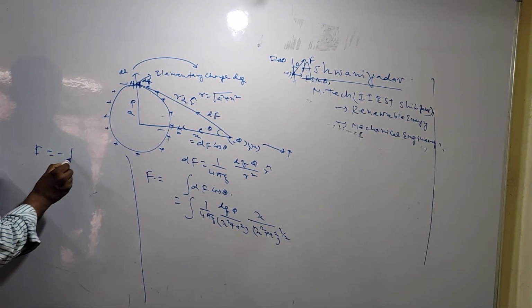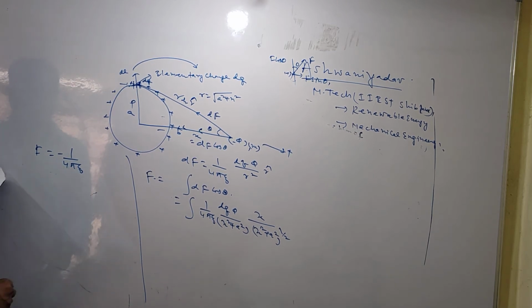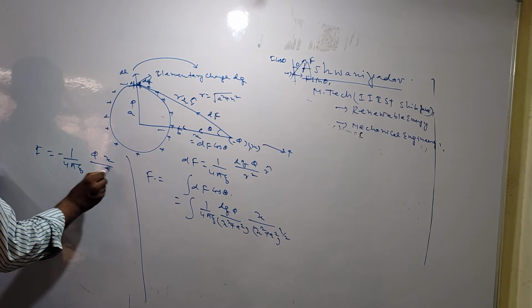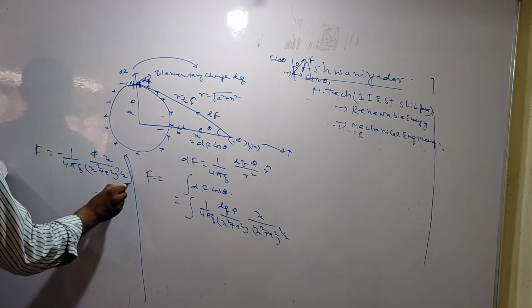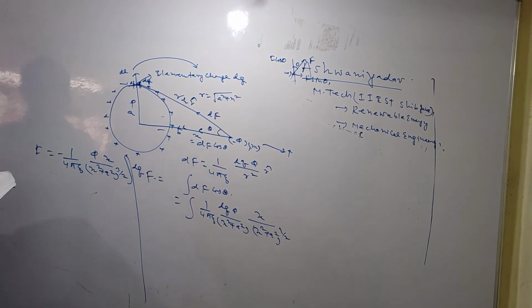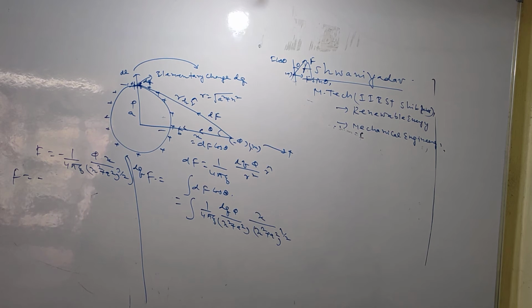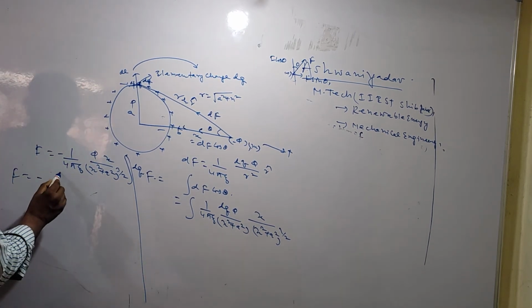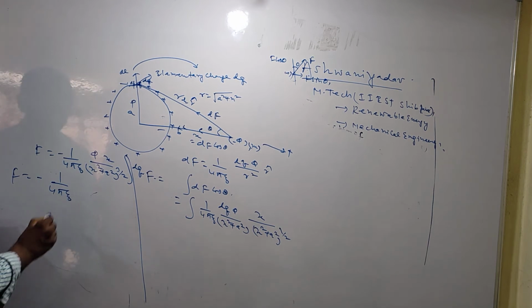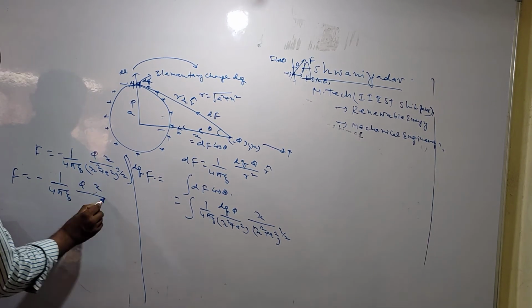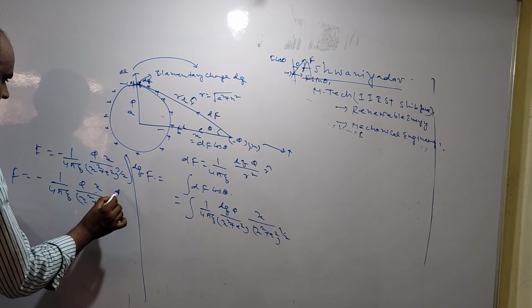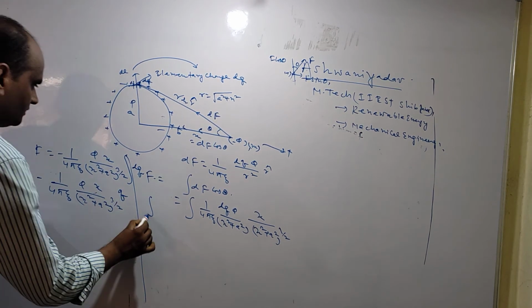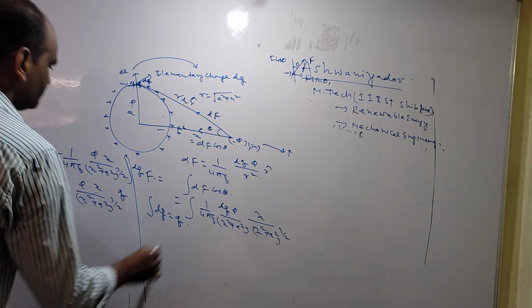We can write minus 1 by 4 pi epsilon naught, q x by (x square plus a square) to the power 3/2, times the integration of dq. So we are left with the force minus 1 by 4 pi epsilon naught, q x by (x square plus a square) to the power 3/2, and the integral of dq gives Q, the total charge.